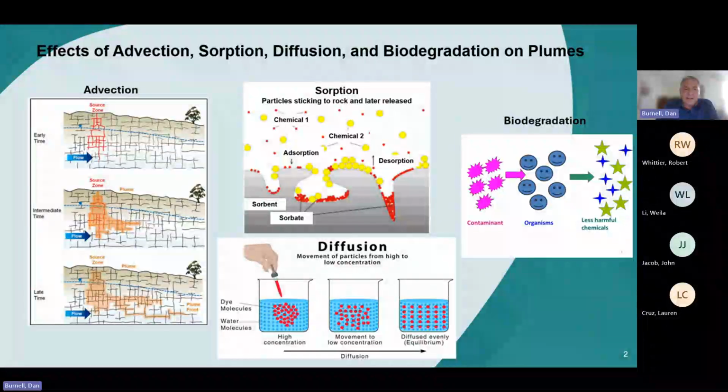And over time, the groundwater will carry the contaminants. And as the groundwater carries these contaminants, the contaminants will follow again these higher permeability zones. And after a longer period of time, these contaminants can migrate different distances away from the source area. And so this mechanism by which the contaminants are carried by the moving groundwater, we call that advection.